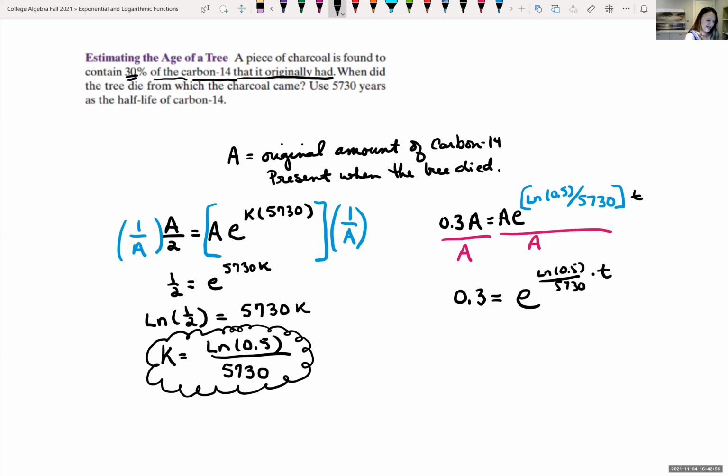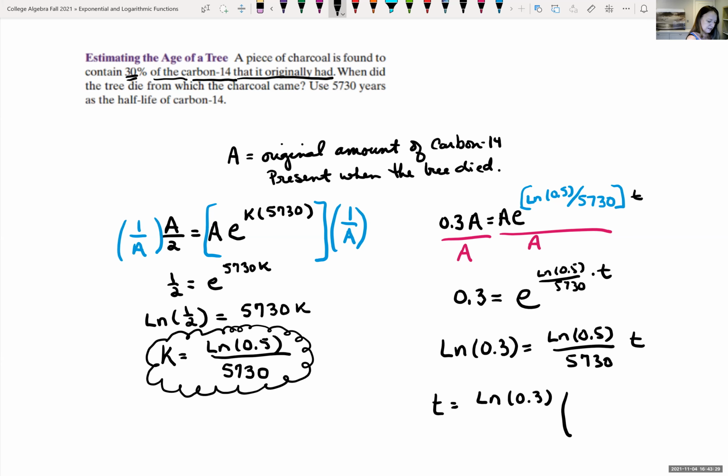Take the natural log of both sides of our equation, we get the natural log of 0.3. Natural log of e is just its exponent. So if I multiply by the reciprocal of what's in front of t, I would get that t is equal to the natural log of 0.3 times the reciprocal of this, so that would be 5,730 over the natural log of 0.5.